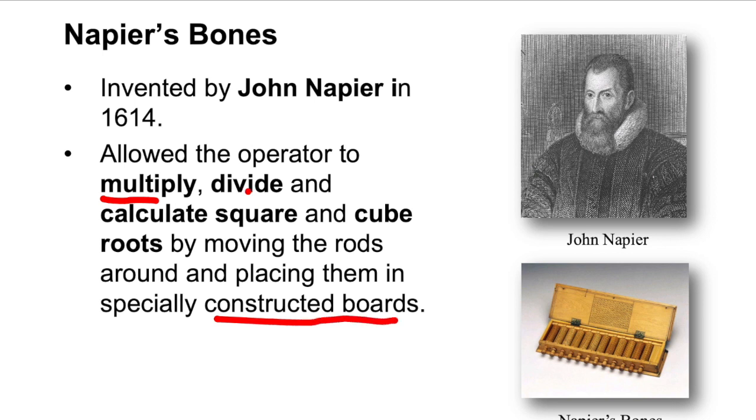If we want to multiply, we have to use specific calculated boards or bones, and if we want to divide, we have to use the specific ones. So for every operation, there was a different set of boards designed based on the idea of John Napier, which helped humans make difficult or time-consuming multiplications and divisions in a relatively easy manner.